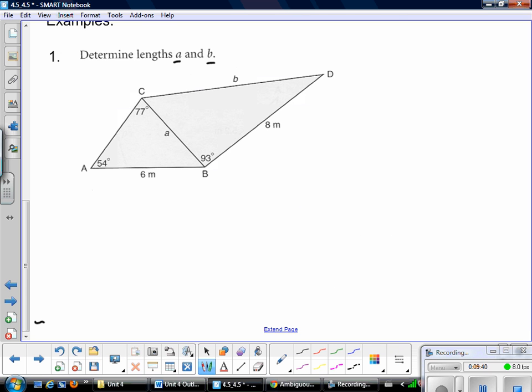The first triangle I'm going to look at is the triangle that has side length A in it, so I'm going to look at triangle ACB. In my solution, I'm going to put in triangle A, B, C.